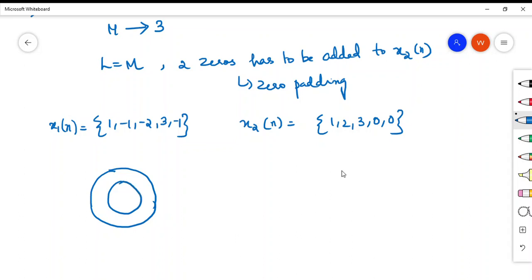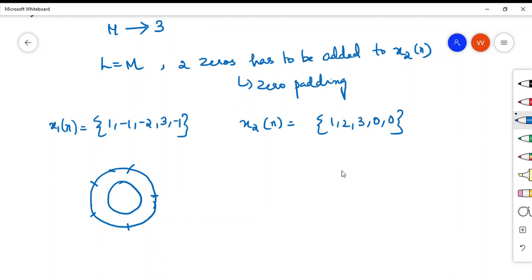Let the outer circle represent x1 of n and the inner circle represent x2 of n. Here the length of the sequence is 5, so you have to divide these circles into 5 equal points: 1, 2, 3, 4, 5.